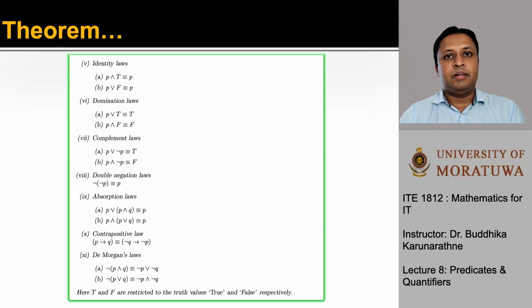Also, we need to identify the identity laws, domination laws, complement laws, double negation law, absorption law, contrapositive law, and De Morgan's laws. So here T and F are restricted to the truth values true and false respectively. So you can go through these laws.